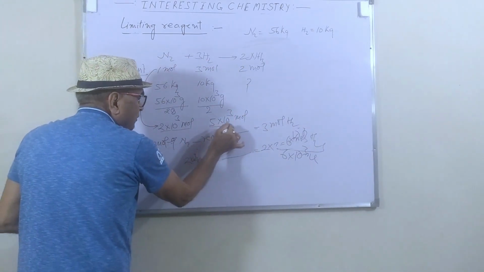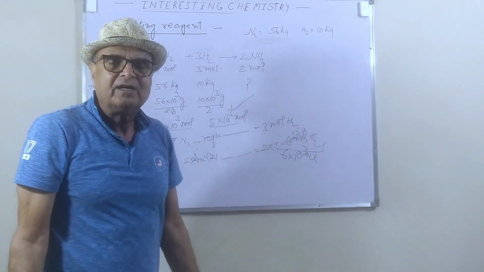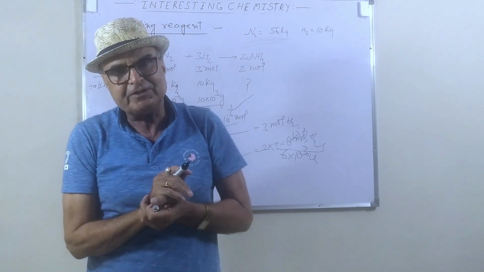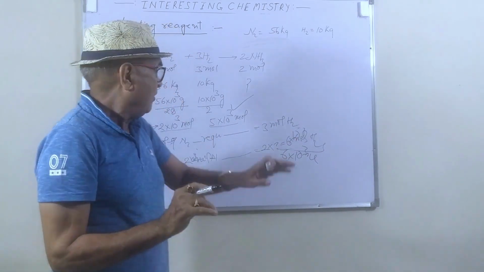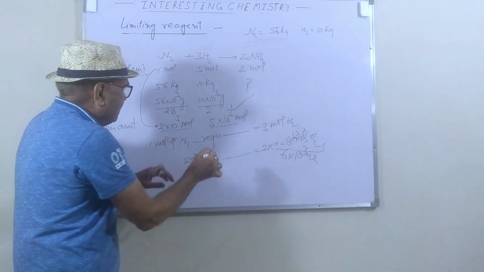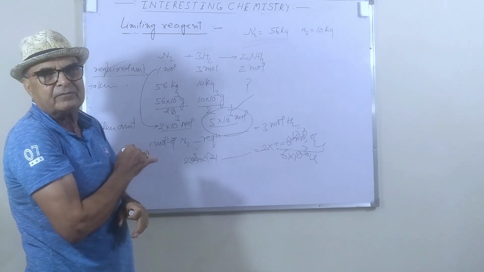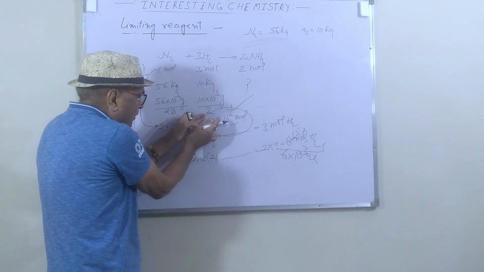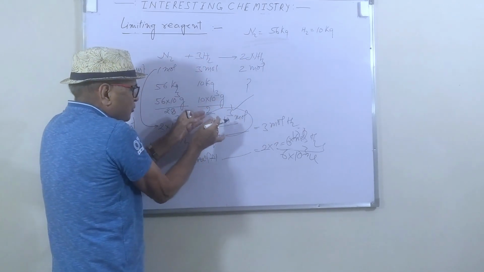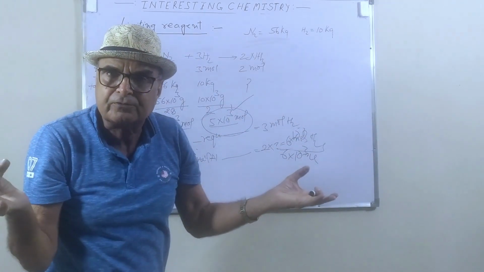So here you have only 5 moles. So this hydrogen is the limiting reagent. Now ammonia will be formed only on behalf of this 5 mole of hydrogen, because after consuming the 5 moles of hydrogen, the formation of ammonia will stop.